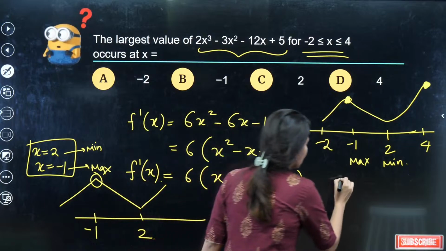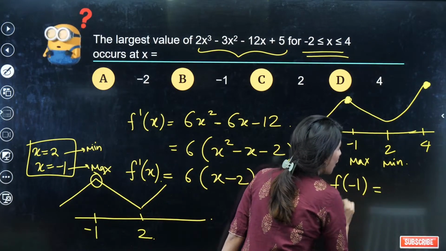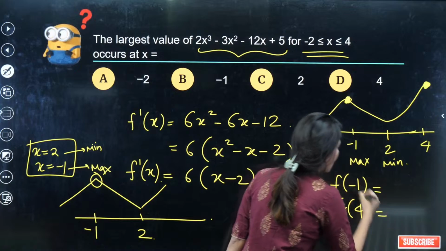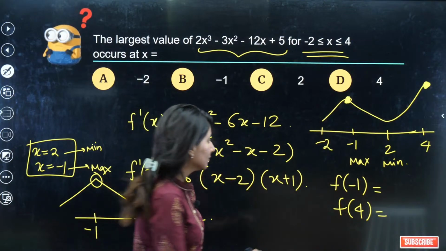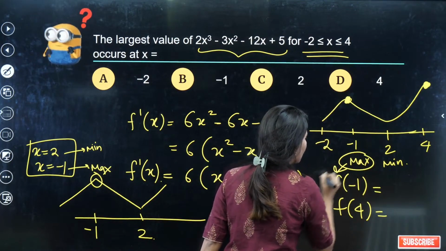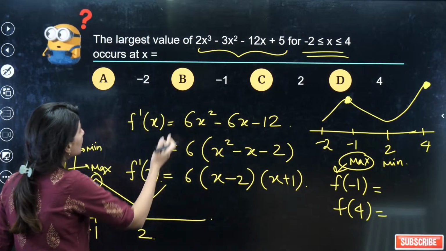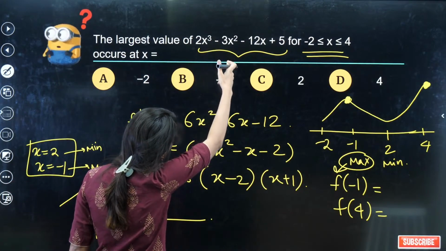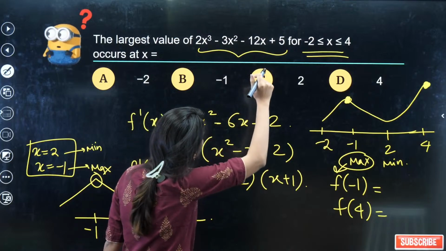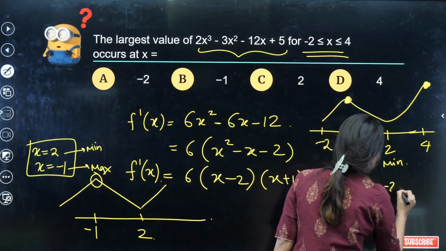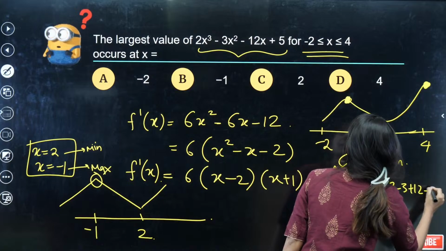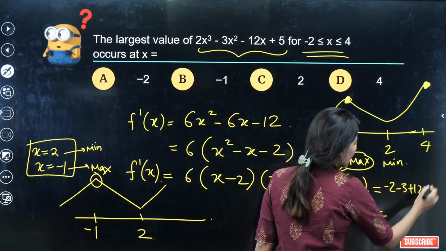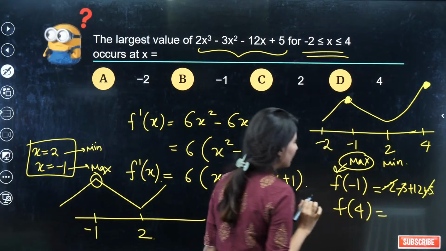So either f of minus 1 or f of 4 will be the value of maxima. Right? So f of minus 1, who is going to tell me? So this is minus 2, minus 3 plus 12 plus 5. Sorry, plus 5. So this is 5. 5 gone, the 12 is the answer.